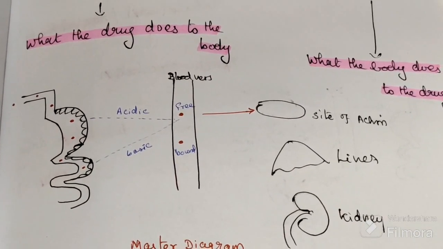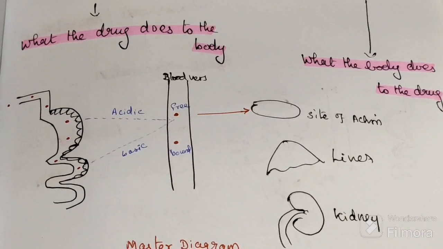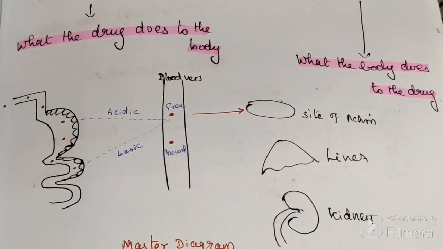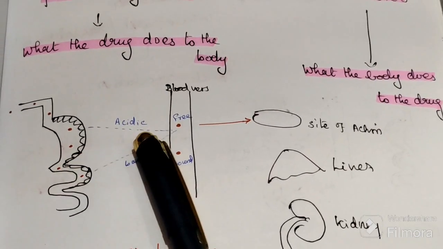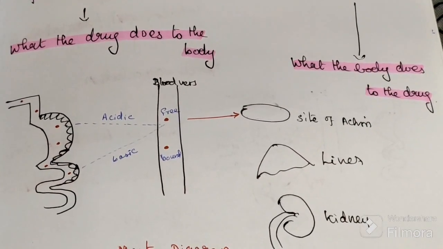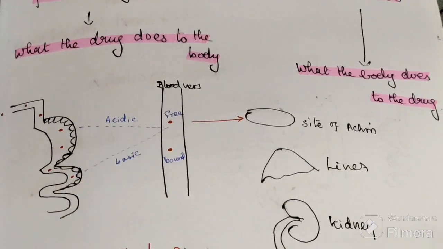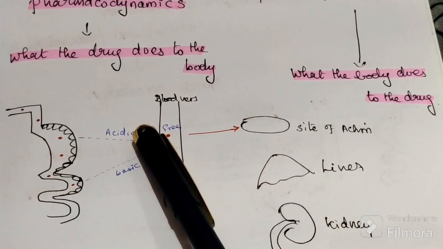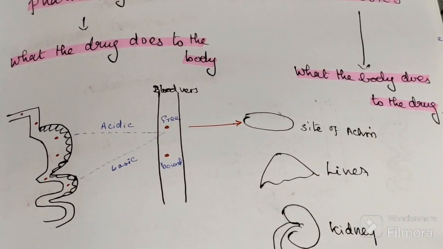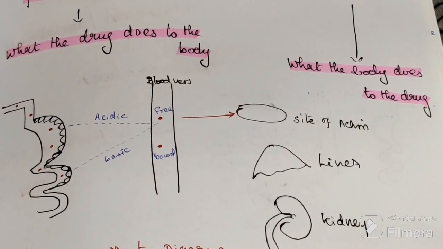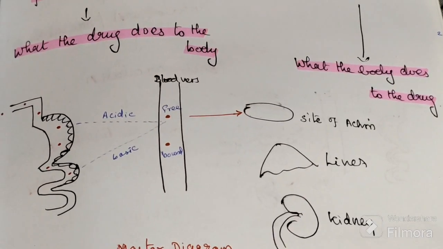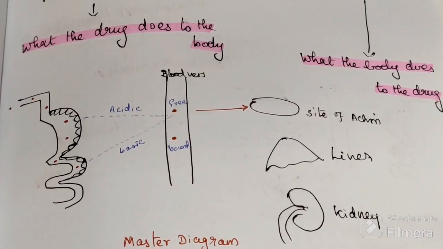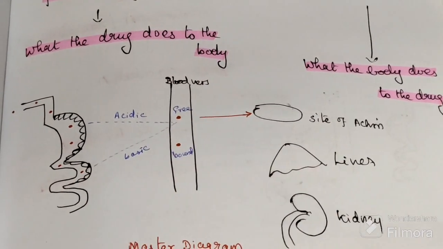Now there is a rule: the drug will get absorbed. Acidic drugs are absorbed from an acidic medium, that is, the stomach, and basic drugs are absorbed from a basic medium, that is, the intestine.